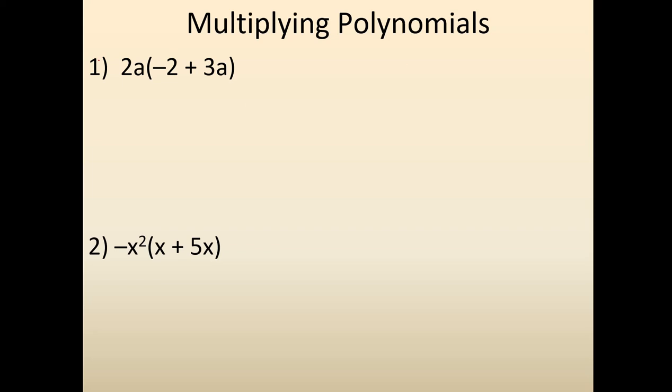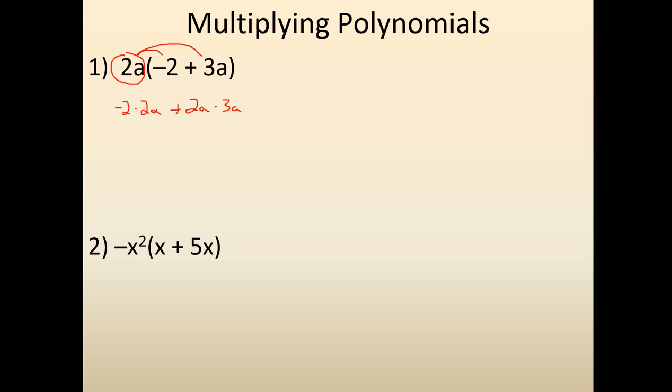All right. So once again, we're going to take this. Now we have a monomial multiplied by a binomial, so we don't have to worry about that whole FOIL thing, but we are still going to distribute. We're going to distribute this term to this one, and then this term to that one. So 2a distributed to negative 2 gets me negative 2 times 2a, and then 2a distributed to the 3a gets me 2a times 3a.